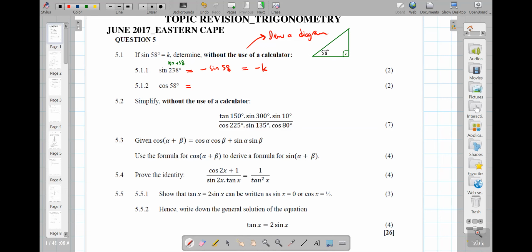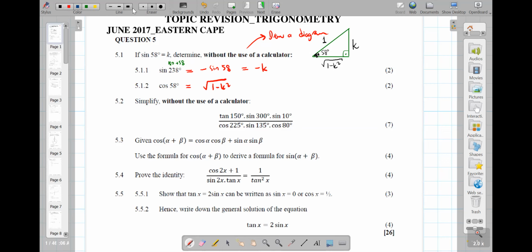Now sine is k, so opposite is k, hypotenuse is 1. And then the missing side will be, remember, inside the root, 1 minus k square. Here the diagram is 1 mark, and after you have the diagram, writing the answer will be 1 mark: root 1 minus k square.